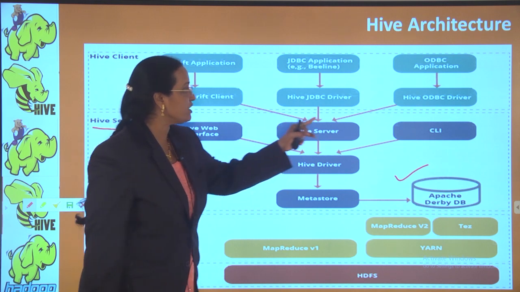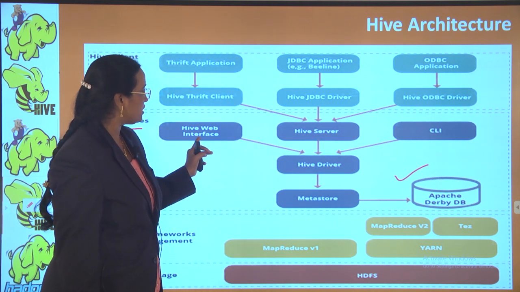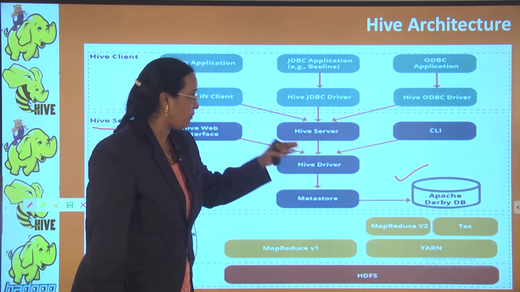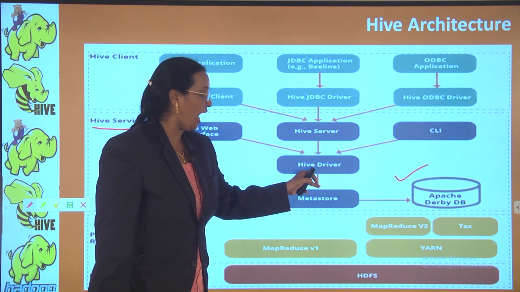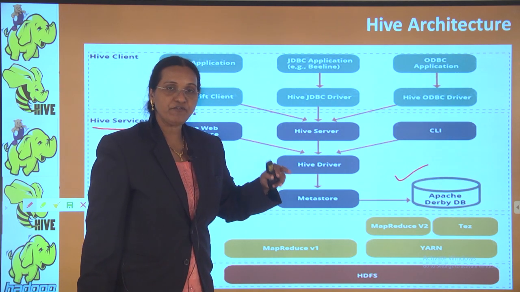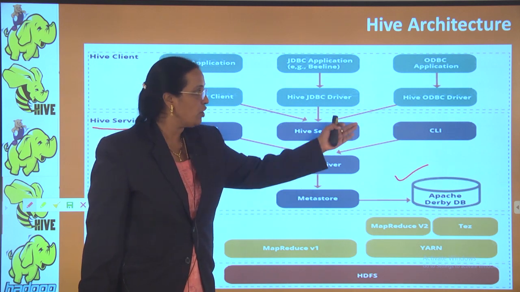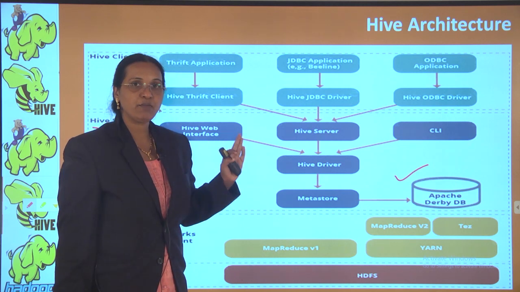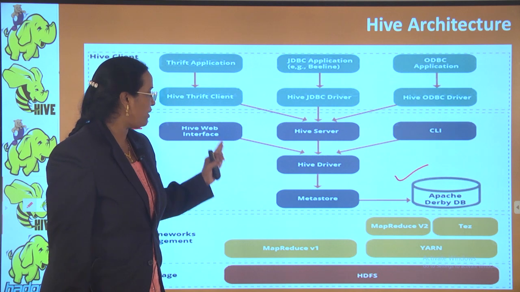If you are not using the command line interface and if you are using the Hive web interface or CLI, that is called the command line interface, ultimately it will come to the Hive drivers. But the only difference is, if you are well versed with the command line interface, you can go with the CLI, or if you are not aware of the CLI mode perfectly, then you can make use of Hive web interface.